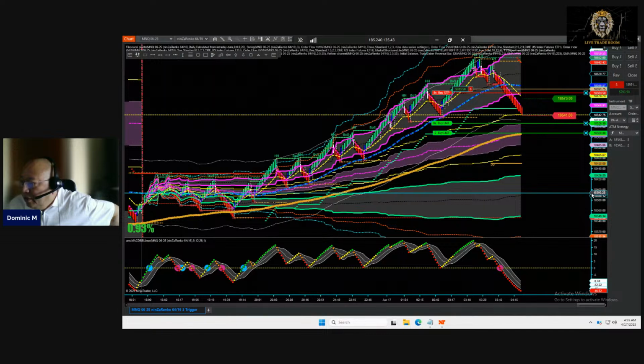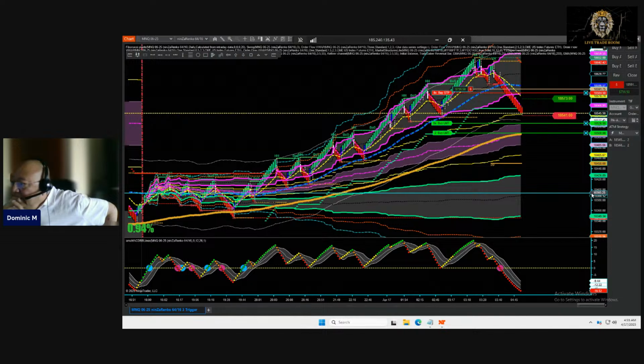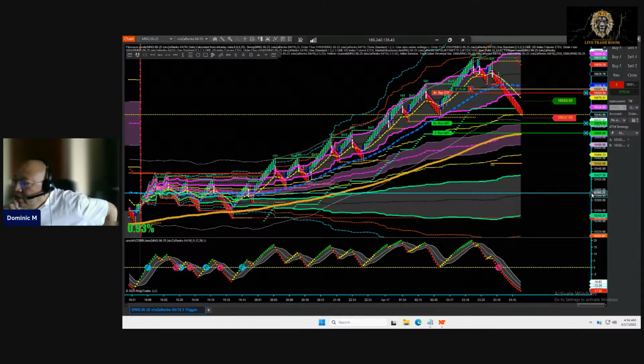See, it's trying to break through that 0.5 deviation. There it goes. Come on.